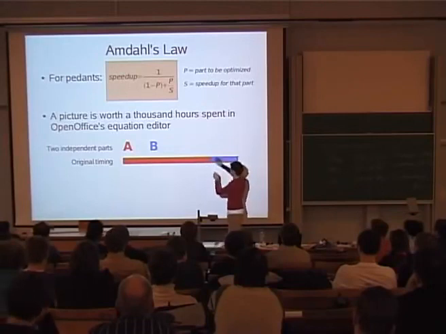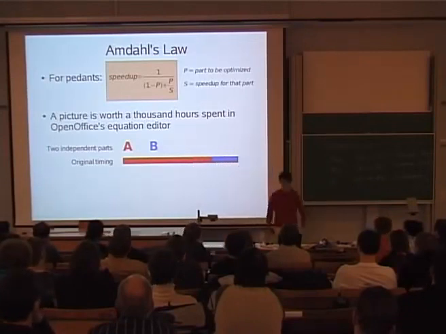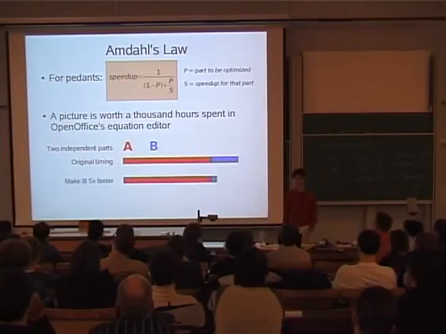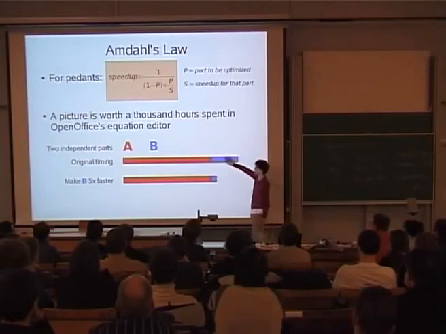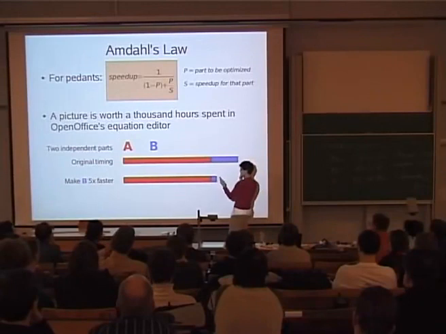This could be a little part here, a little part here, and a little part here, but if you spread them out, they look like that. So you work for 2 weeks, you work really, really hard to make this part faster. You make it 5 times faster, and everyone gets really happy when they make something 5 times faster. I mean, that's a lot. But in the end, in the big picture, it's not really much faster.